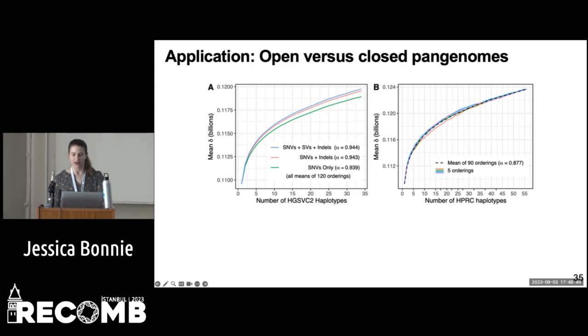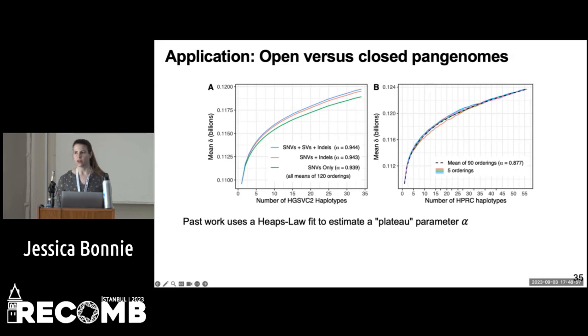Why do I have these next to each other? I want to talk to you about the concept of openness, which characterizes the growth of a curve and indicates to us whether we are open and going to find more sequence as we go along, or whether we're closed and we're starting to run out of new stuff to see.